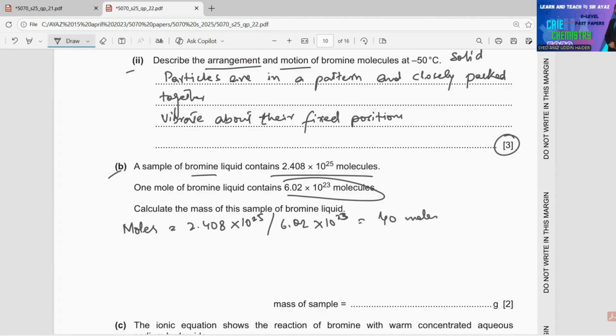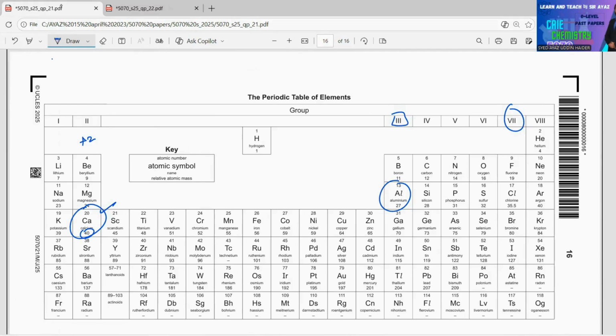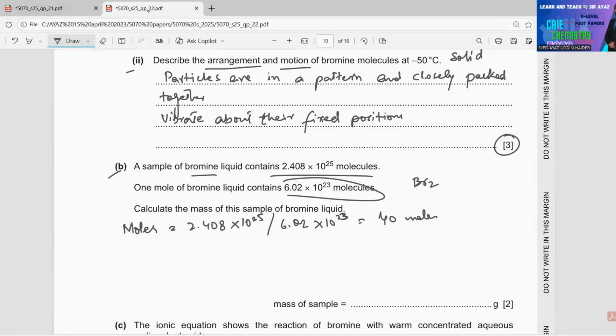So the moles for this one will be 40 moles. Now, in order to calculate the mass, we need to multiply the moles by the Mr. We know that bromine exists in the Br2 form. Here's bromine in the periodic table. It's in group 7, you see. The mass number of this bromine element is 80. So 80 will be multiplied by 2. We'll get 160.